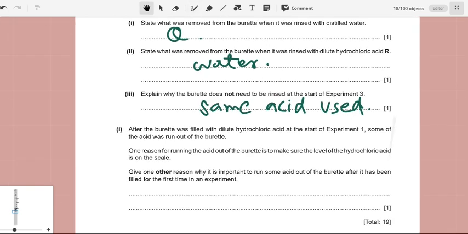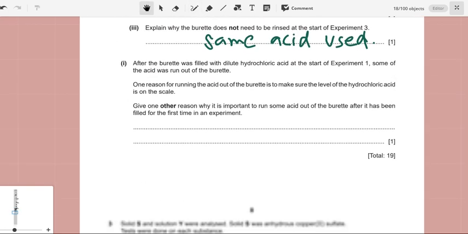Okay, next question, after the burette was filled with the dilute HCl at the start of experiment 1, some of the acid was run out of the burette. One reason for running acid out of the burette is to make sure the level of HCl is on the scale. Give one other reason why it is important to run some acid out of the burette after it has been filled for the first time in an experiment.